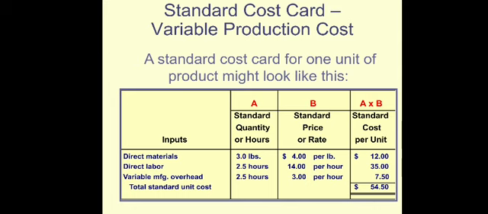So if you have a cupcake, the standard quantity for your first direct material, the flour, is 50 gram. Standard price for the flour is $2.50 per kilogram. So the total is how much? And then you have a second material, sugar, 20 gram, and the standard price is $2 per kilogram.